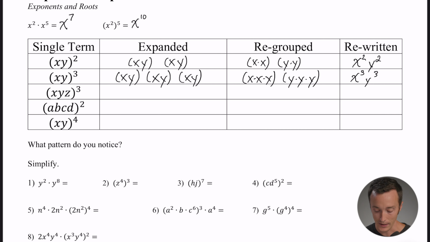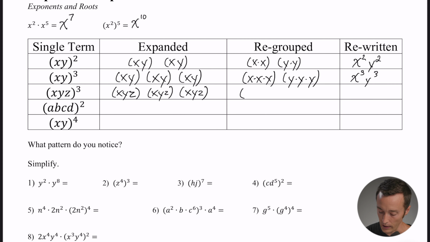xyz to the third power. If I were to write that, it would be xyz, xyz, xyz, because it's to the third power, so there are 3 groups. Now I could regroup this.